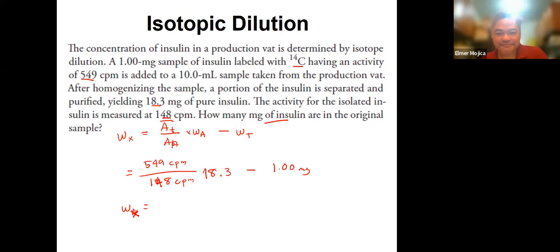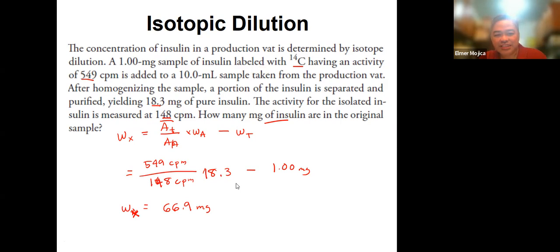What did you get? 66.9 milligram. So this could be old school, or if the instrument is newer, usually there is pre-installed software that will tell you.